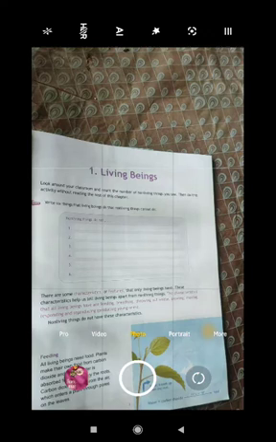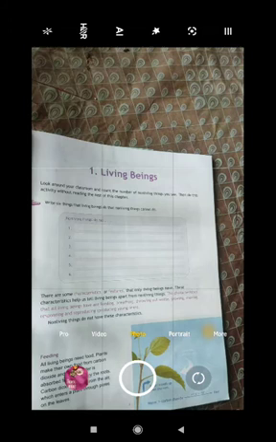Got my point? So these are all the characteristics I have said. You will have to memorize these things, and a question might come: what are the characteristics of living beings? Got my point? So do learn in that way.